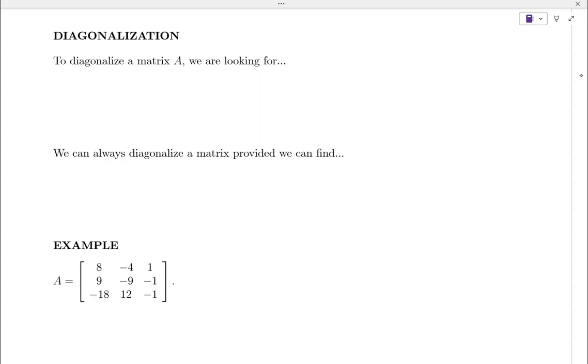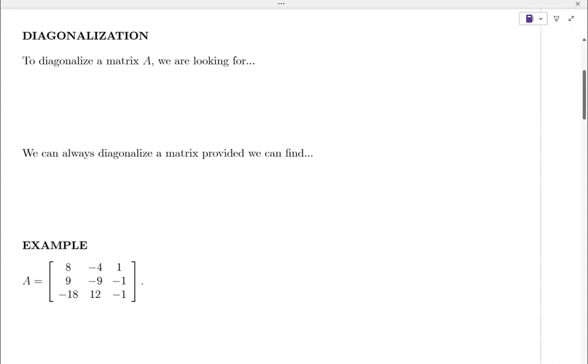Let me write it this way. Let's say you've got what we refer to as similar matrices. This is what it means to be similar. A is similar to B if I can find an invertible matrix C, then I can write it that way.